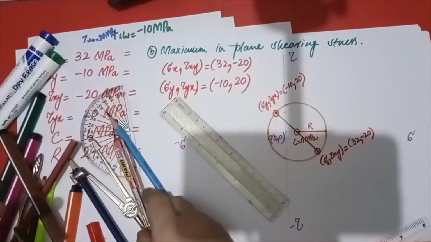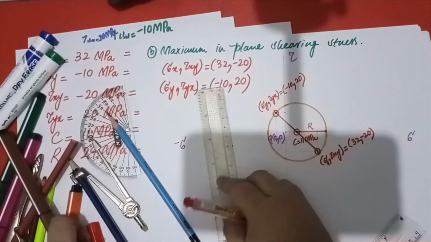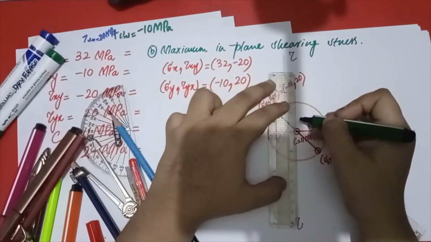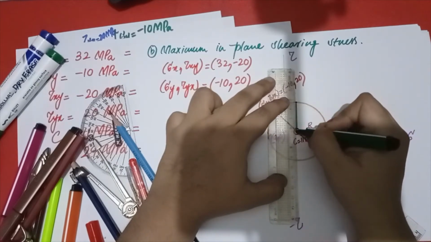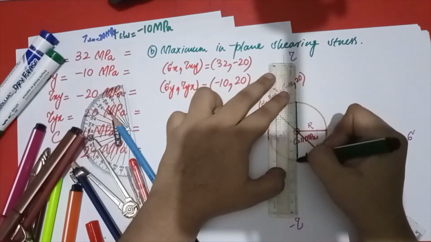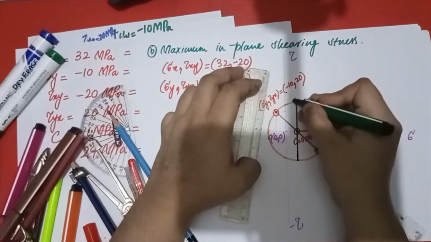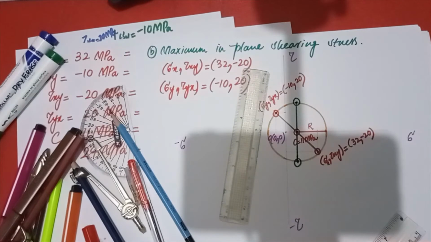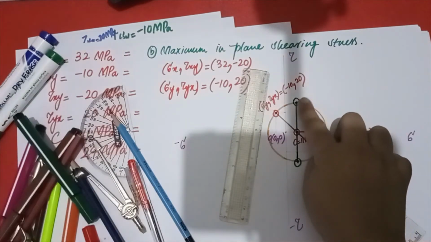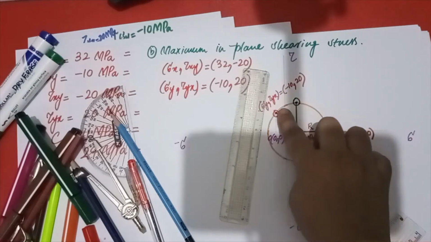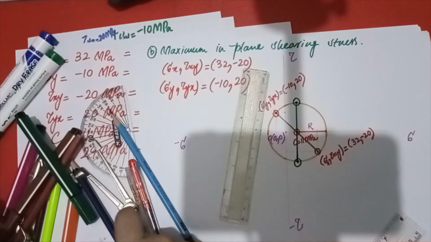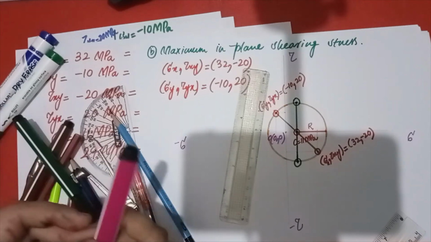So for this, let me draw the line here. I have to draw a line like this, and this will be your maximum shear point. You will get the top of the circle, so you will get maximum shear stress. So the top would be maximum here, not on this plane. I can write it down with the purple.